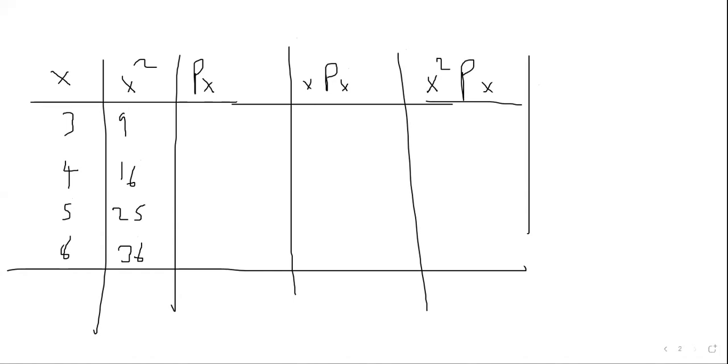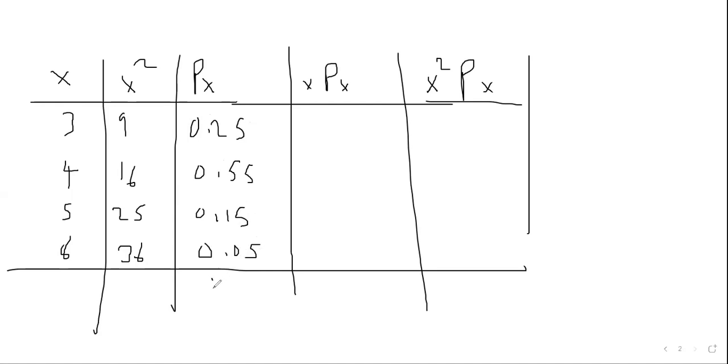And the probabilities of x were given as 0.25, 0.55, 0.15 and 0.05.